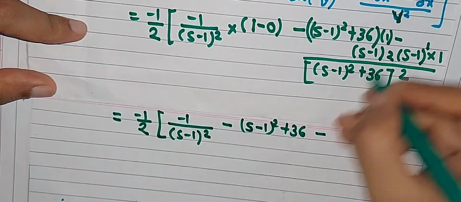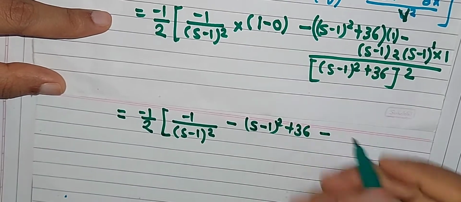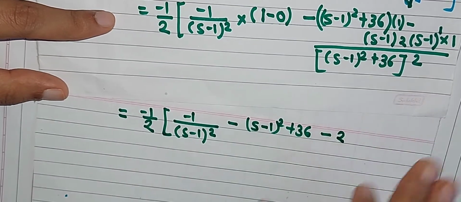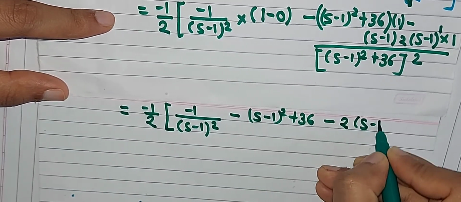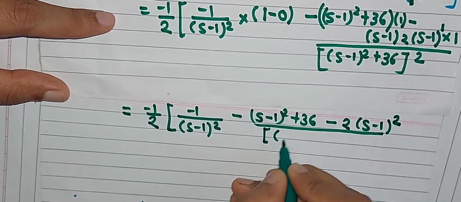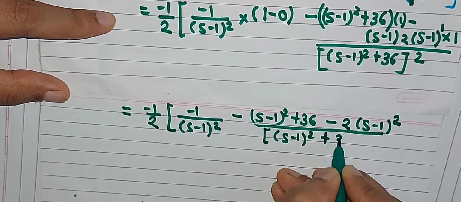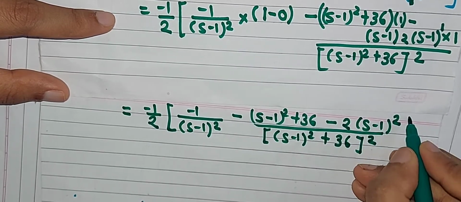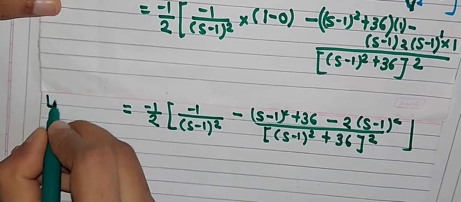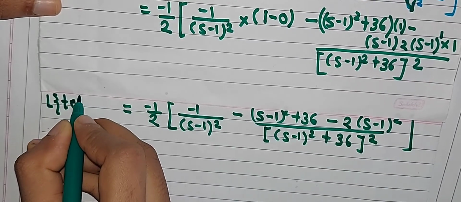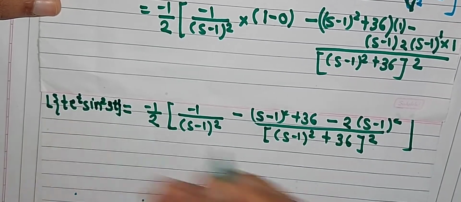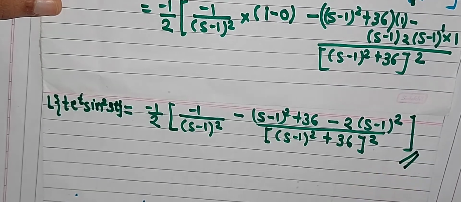Take this minus sign as it is, minus 2 into (s minus 1) into (s minus 1), that is (s minus 1) squared into 1, divided by the total term, that is ((s minus 1) squared plus 36) squared. And we have obtained the value of our main function, the Laplace of t into e raised to t into sine squared 3t, and the value of this Laplace transformation is this.